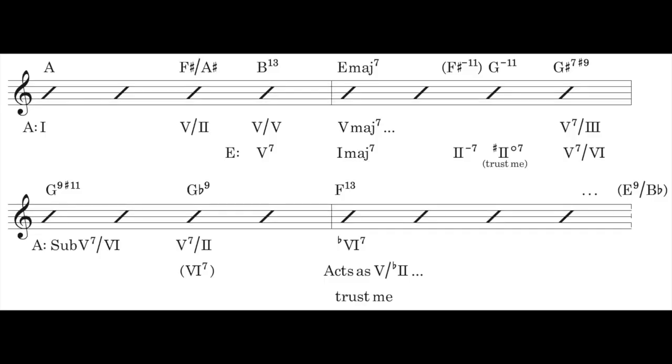Kind of go into some different key areas here with some 2/5s and some dominant and diminished and all that stuff. Tonicizing the E here. So we get up to this G7 sharp 9.